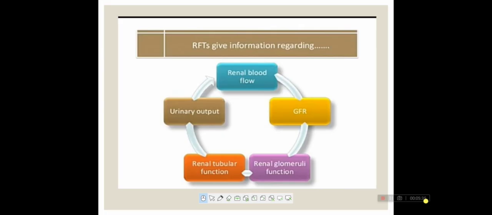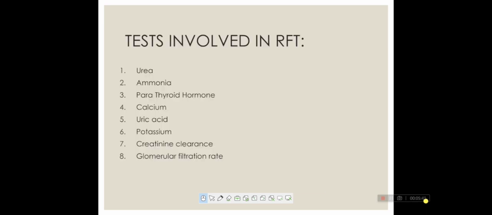The urinary output, whether the urinary output is proper in a particular person or not. The tests involved in the RFT, renal function test, are urea, ammonia, parathyroid hormone, calcium, uric acid, potassium, creatinine clearance and the glomerular filtration rate.